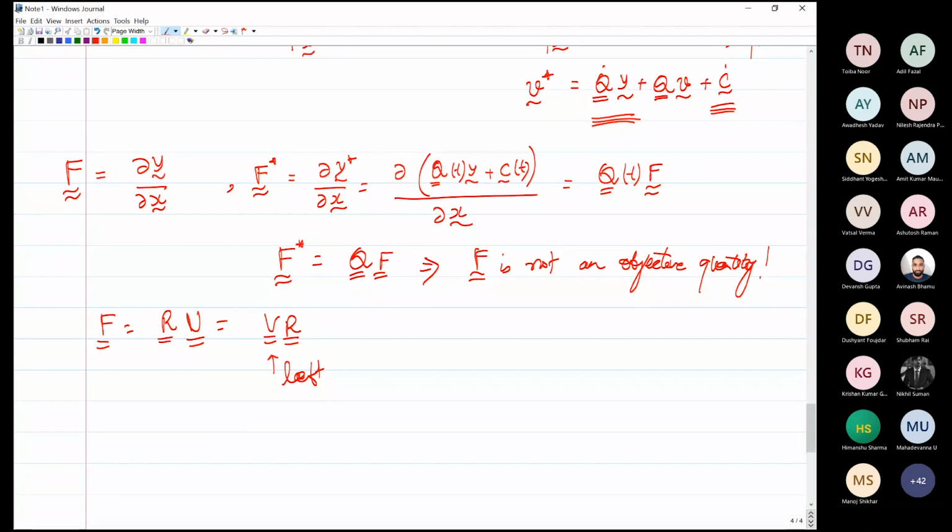Can someone tell me what we call V to be? Anyways, let us see how V transforms. So we just saw that F star is equal to Q times F. So it is Q into R into V, or Q into V into R. Left stretch tensor. Okay, so it's the left stretch tensor.